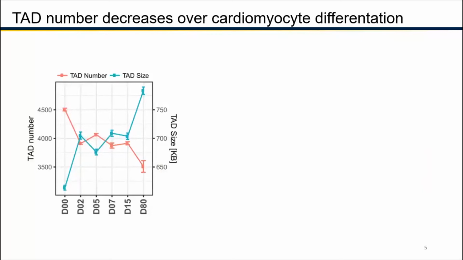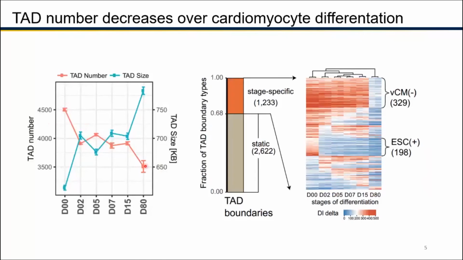Initially, we observed that the number of TADs decreased during the differentiation, and the loss of TADs predominantly occurs at day 2 and day 80 of differentiation, which we term ES cell positive TAD boundaries or ventricular cardiomyocyte negative TAD boundaries, respectively.